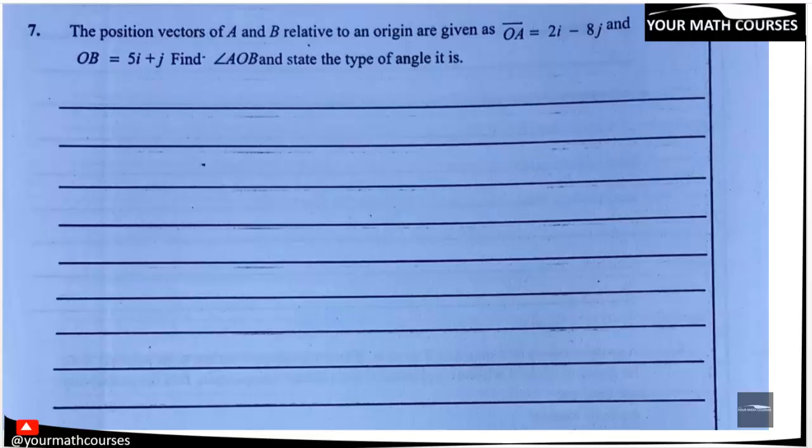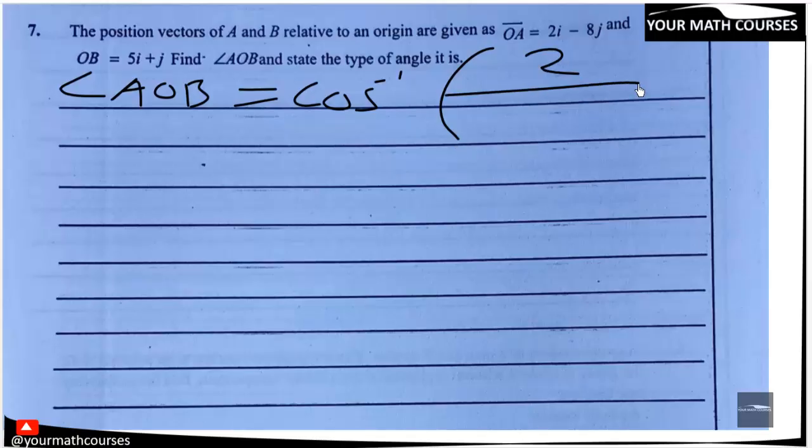Angle AOB is equal to cos inverse of 2 over 2 root 17 times root 26, or 1 over root 17 times root 26.